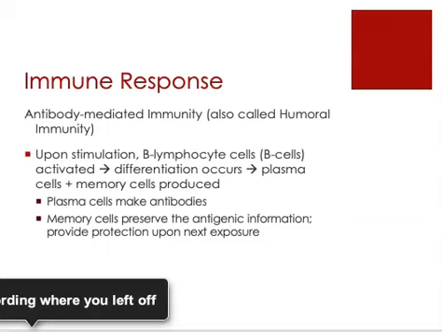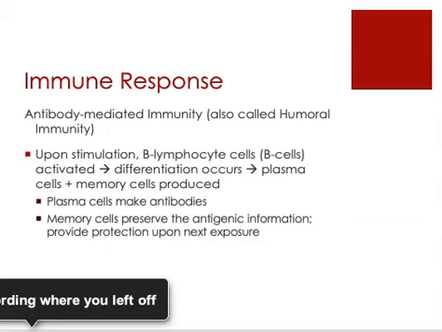When they're stimulated, B lymphocytes, or what we sometimes call B cells, become activated. And what happens is they go through a process of maturation or differentiation, and they become two very particular types of immune cells called plasma cells and memory cells.